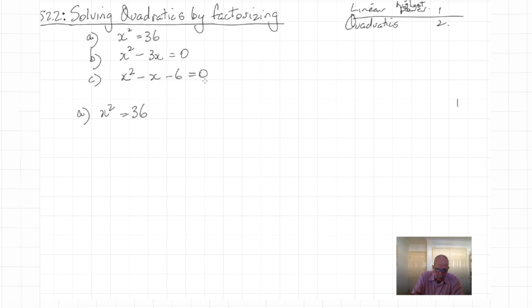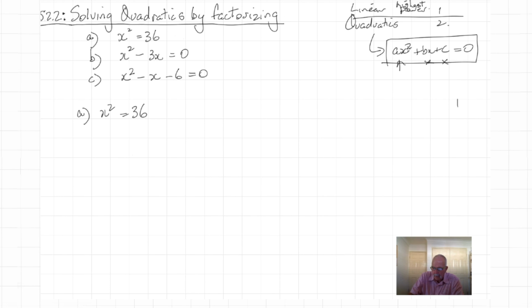You can see that the next two have got equals 0, and we tend to do that. We tend to put quadratics in a general way as ax squared plus bx plus c equals 0. They are examples or a general way of writing all quadratics. You don't have to have that term, and you don't necessarily have to have that term.